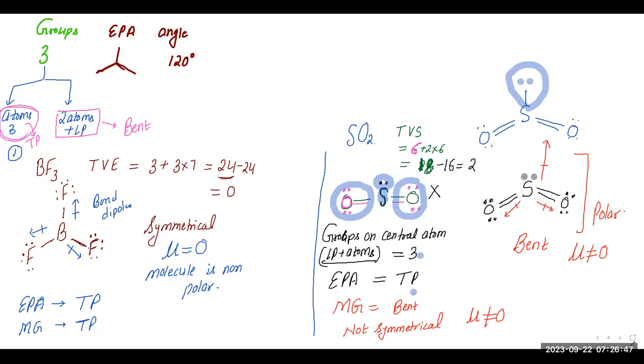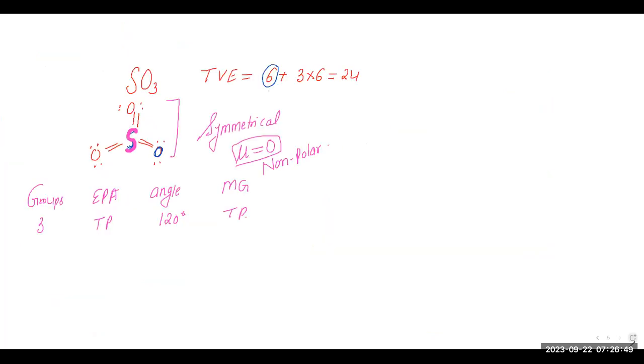Okay, now let's come to 4. Groups are 4. Can you recall, when groups are 4, what is the EPA, the electron pair arrangement? Tetrahedral. Tetrahedral is like this, right?